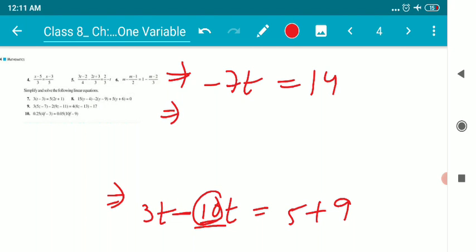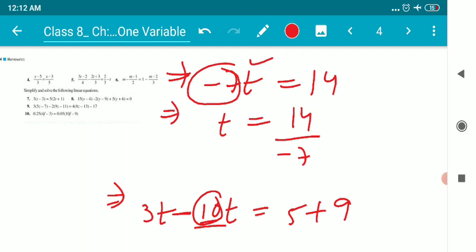Now children, t is equal to 14 and minus 7 will be transposed from the left hand side to the right hand side. It will be divided by minus 7. I know children, what you are thinking now. You might be thinking that it was minus 7, so the moment it is transposed to the right hand side, it should be plus 7. No. We need to see the relation between the variable and the number. The variable and the number are related by into. There is no sign in between them. Between minus 7 and t the relation is into.